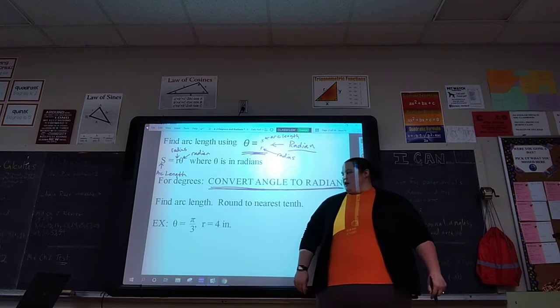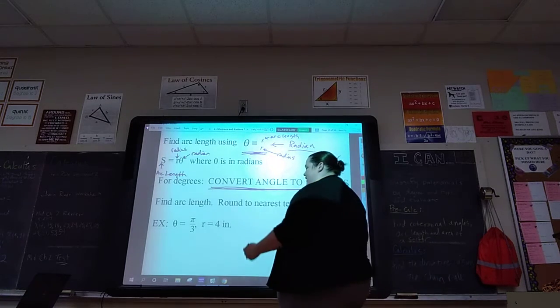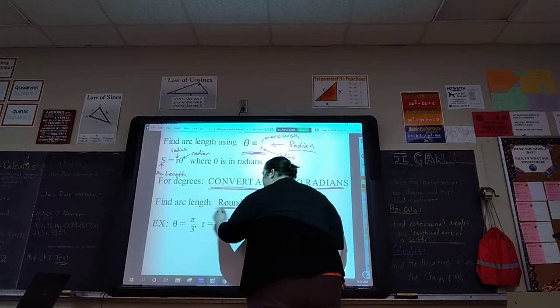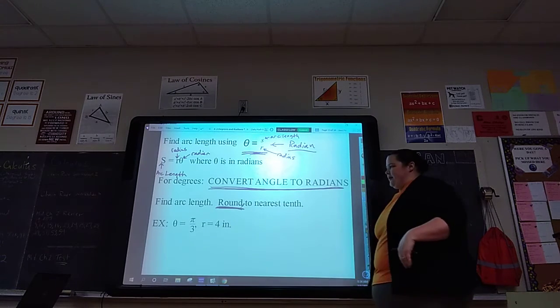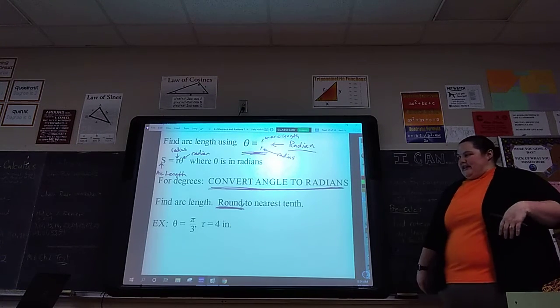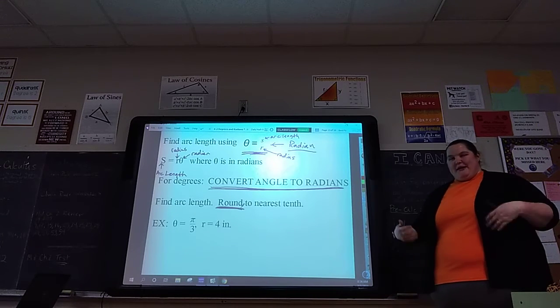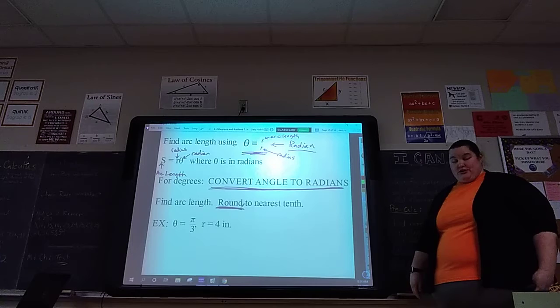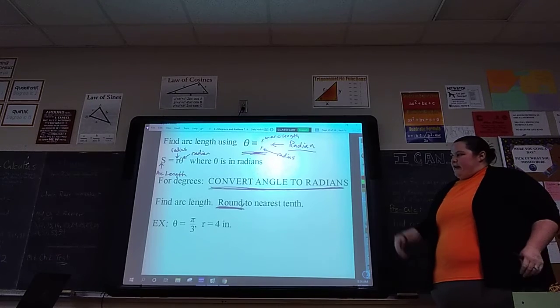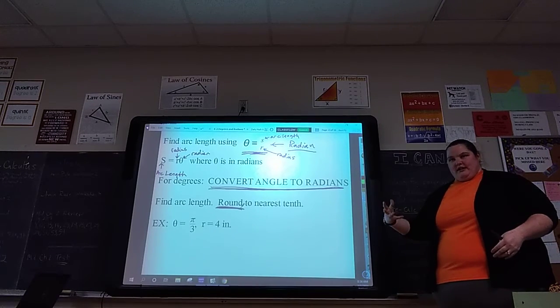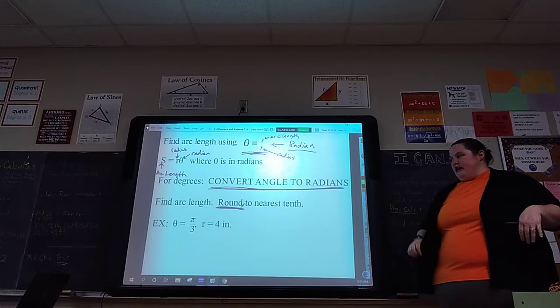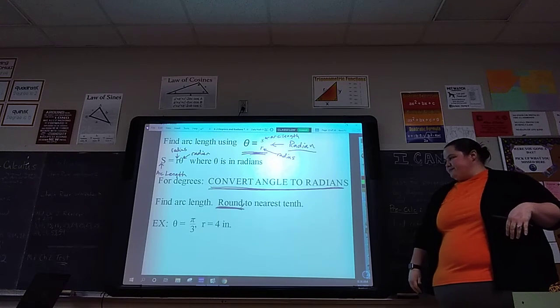Okay. And then with these, notice the direction goes back to round. So I know typically up to this point when we're working with radians, we leave it as exact values, we leave the pis. With this one, we're actually finding a measurement. So this one, we're actually going to solve it out. So if you see that word, again, in your direction, we're going to solve it out as much as we can. So we're going to round to the nearest tenth.